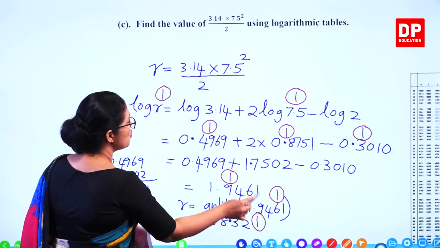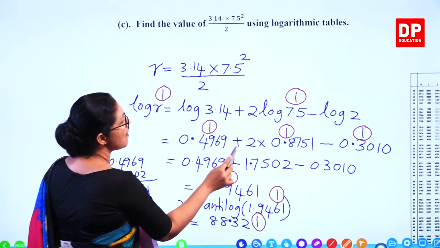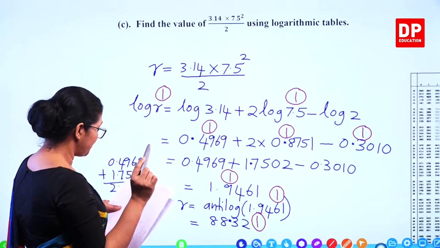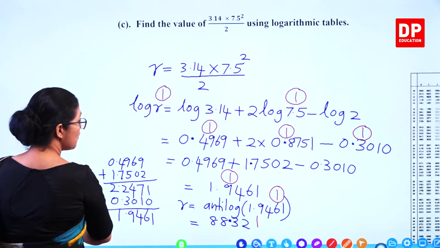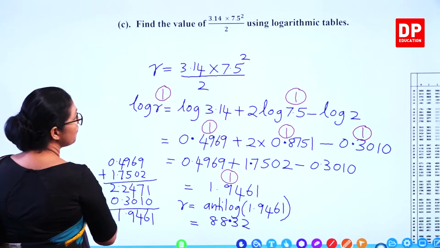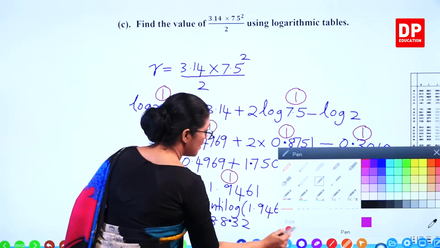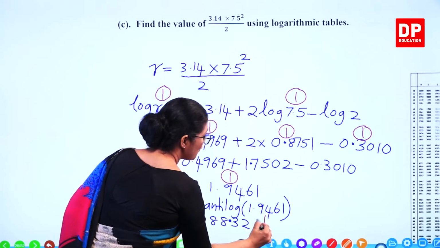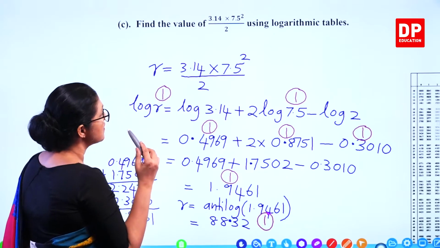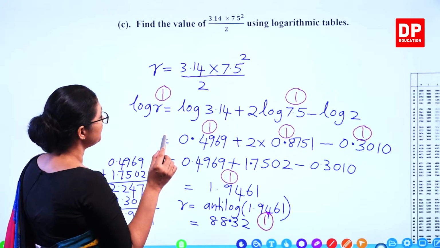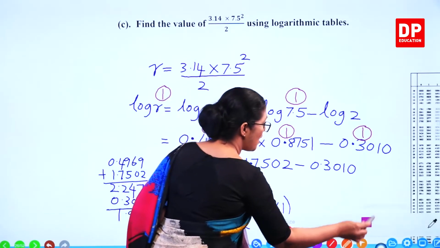That would be 8 marks, but we have to give only 6 marks. 1, 2, 3, 4, 5, and we can give 1 mark for the final answer. 6 marks for that. So we gave 10 marks for the whole question.